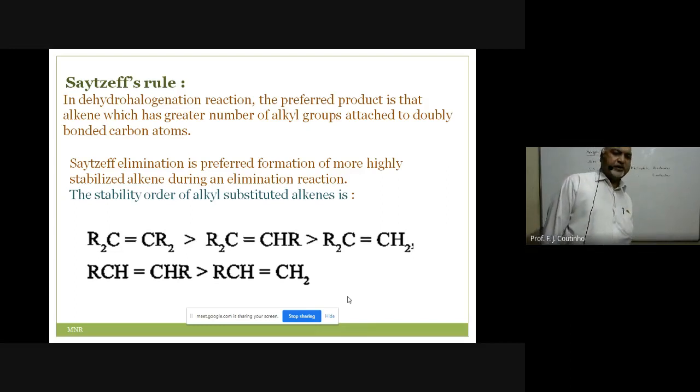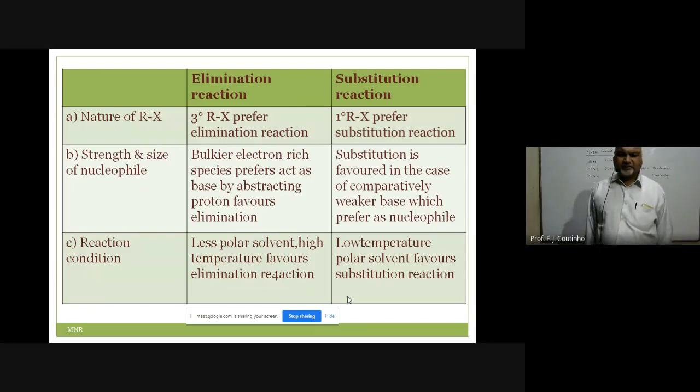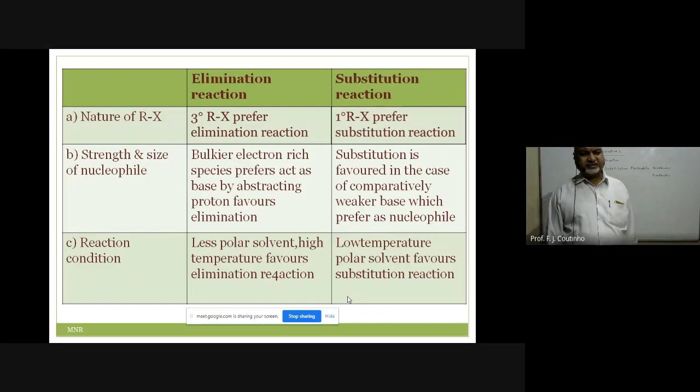The stability order of alkyl substituted alkenes is as follows. If you see here, there are different orders. So stability is preferred based on the substitution type. Now, in elimination and substitution reactions, regarding the nature of RX, that is the alkyl halide, in elimination a tertiary alkyl halide is more preferred, while in substitution a primary alkyl halide is more preferred.